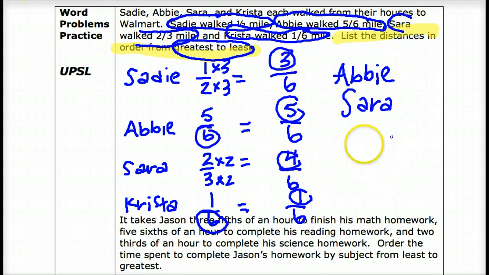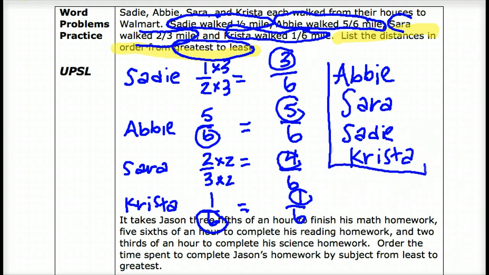Next would be Sadie at 3. And last would be Krista. And notice how we've listed them in answer form, with the name of each girl, and we turn them back into their original form. So that is how you're going to solve all of those types of problems.